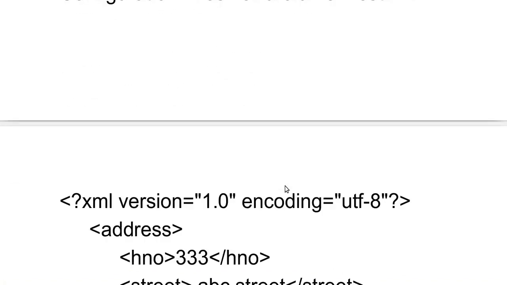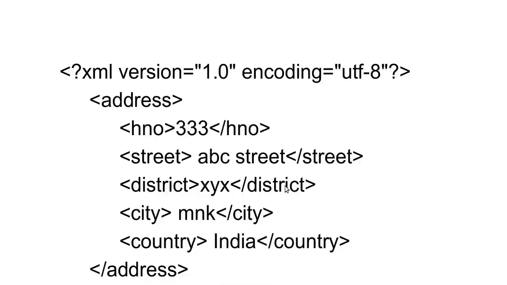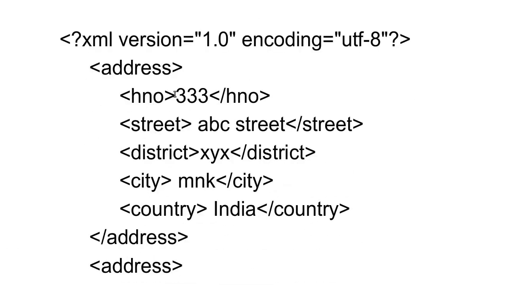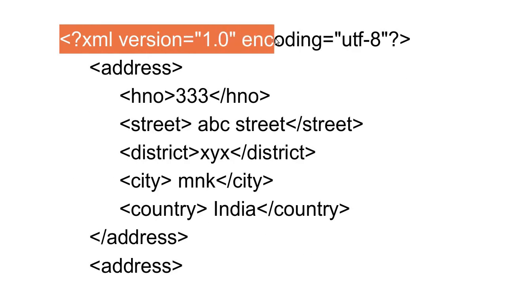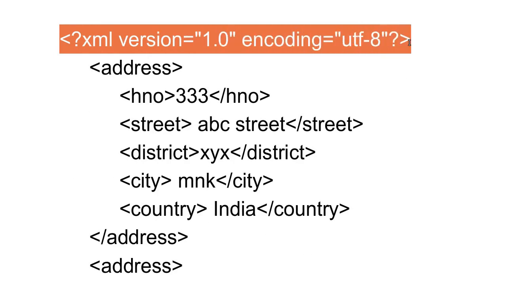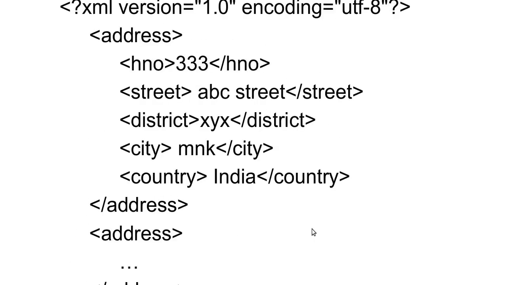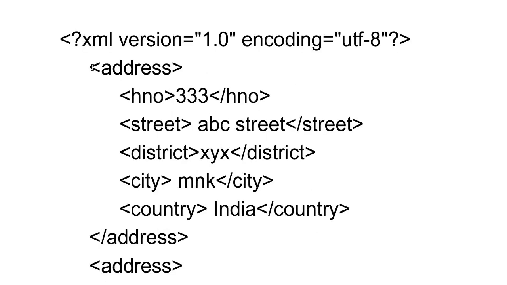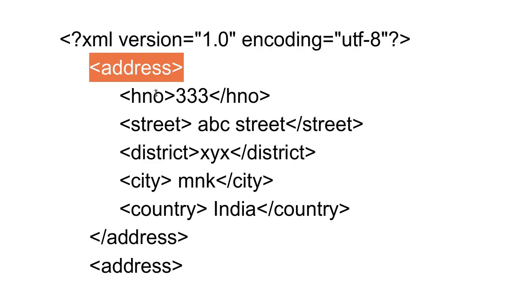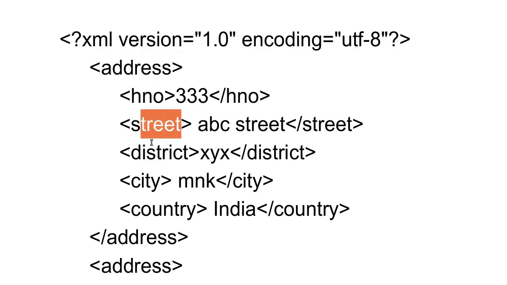So let's see one example of an XML file. In any XML file, we have the heading tag with the XML version and then the encoding. Similarly, we have the closing tag. XML is also a way by which we can store data. Here we have tags like the address tag, and under the address tag we have the house number, street, district, city, and country. That is like a tree.